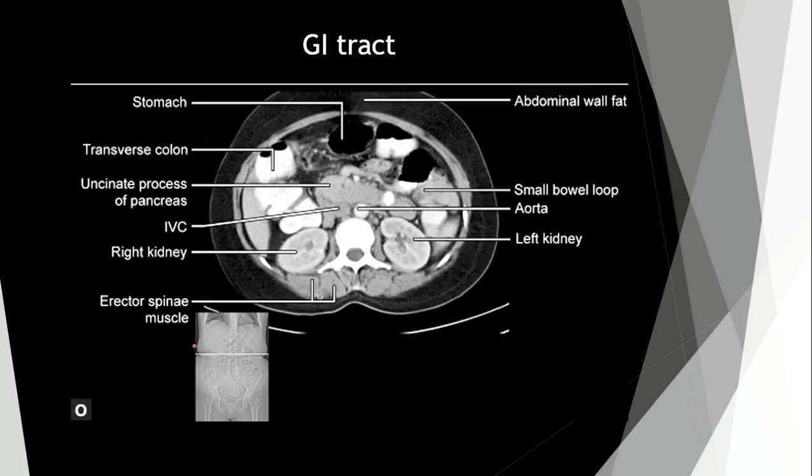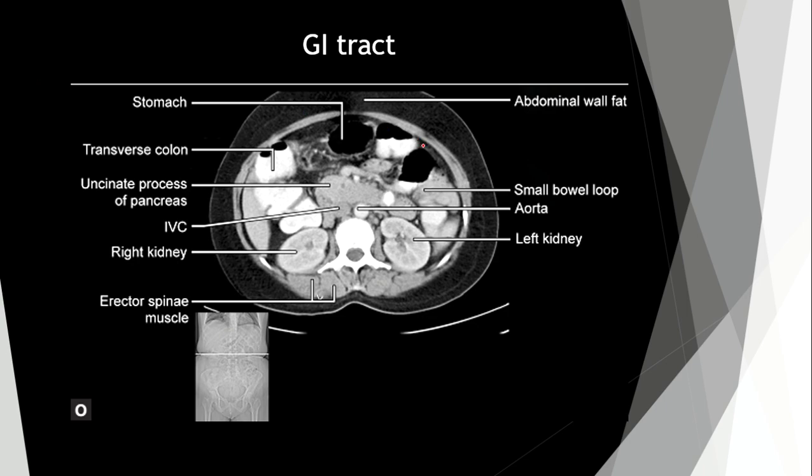Next, we go further to the GI tract. We must understand that in the GI tract we see air bubbles which make out the contours of the organs in which air is placed.